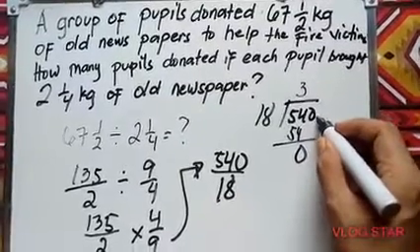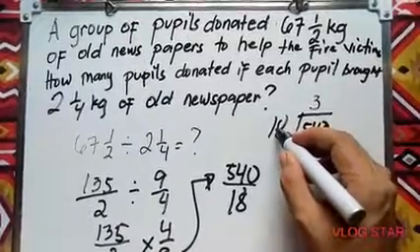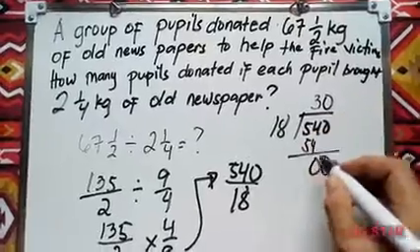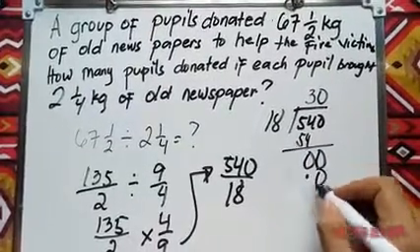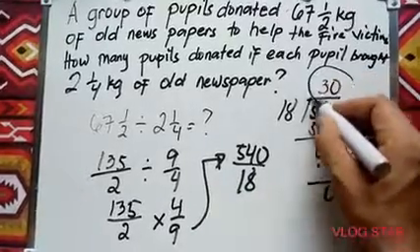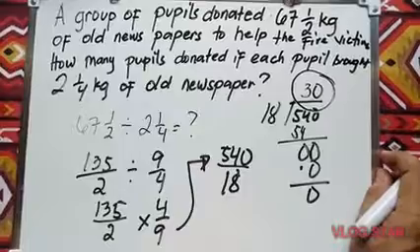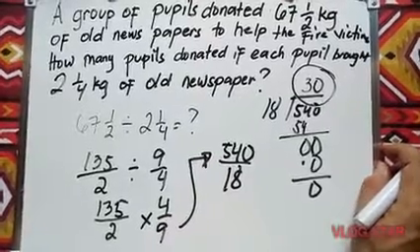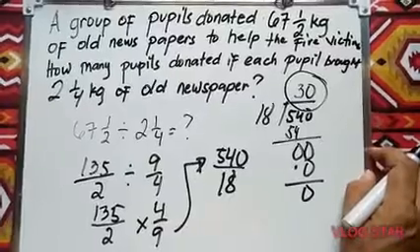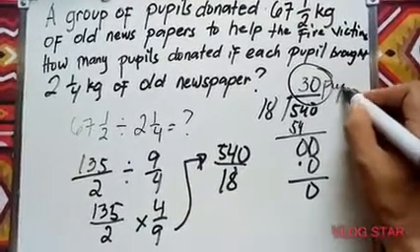Then bring down the next digit, which is 0. 0 divided by 18 is 0. 0 times 18 is 0. So the quotient is 30. It means that there are 30 pupils who donated 2 1/4 kilogram of old newspapers. 30 pupils.